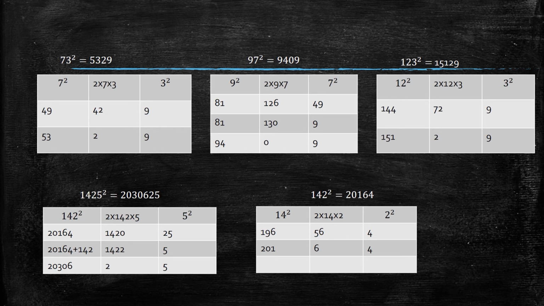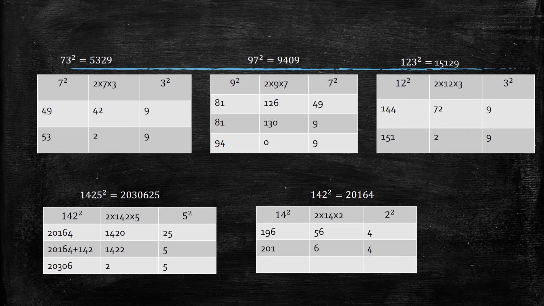Now we start from 9. As 9 is in the unit place, we keep 9 and nothing is forwarded to the left. Next, we have 72 to the left of 9. For 72, we keep 2 and 7 is forwarded to left and added with 144 to give 151. Thus, we have our final answer of 15129, which is equal to 123 square.